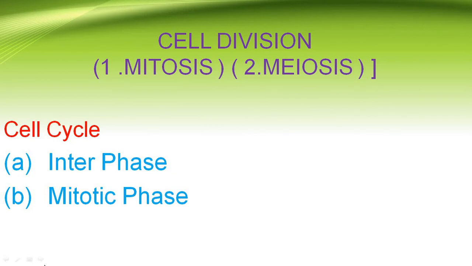Mitosis, the process of cell division, will occur in the vegetative cells, and it will help in growth and repair of the tissues of the bodies of living organisms. As we know, all the living organisms are made up of cells, and a group of cells will join together and form the tissues of the living organisms.